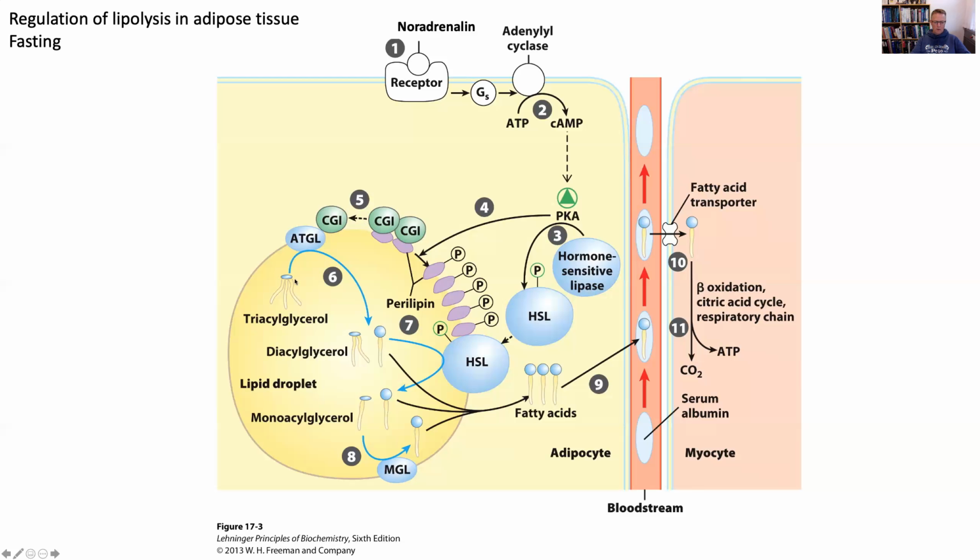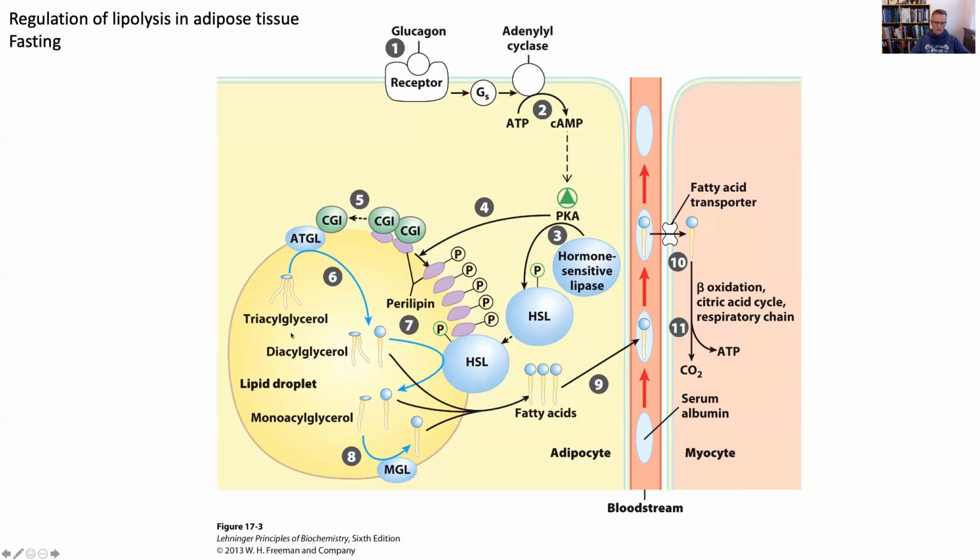So now we can not only degrade diacylglycerols, but also triacylglycerols. So when we activate protein kinase A by increasing cyclic AMP levels, we will not only see that perilipin is being phosphorylated and thereby allowing CGI to activate ATGL, but we will also see that the hormone-sensitive lipase becomes phosphorylated and activated and will start degrading diacylglycerols.